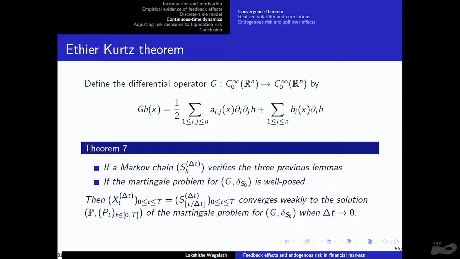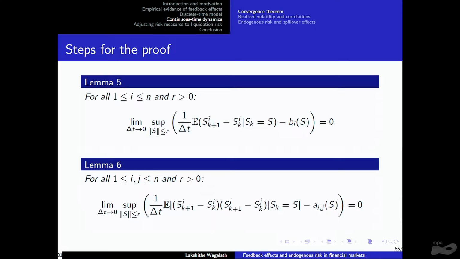So it has a unique strong solution. If that's verified, your discrete time dynamics converges to the SDE with parameters B as a drift and A as a covariance matrix, right?